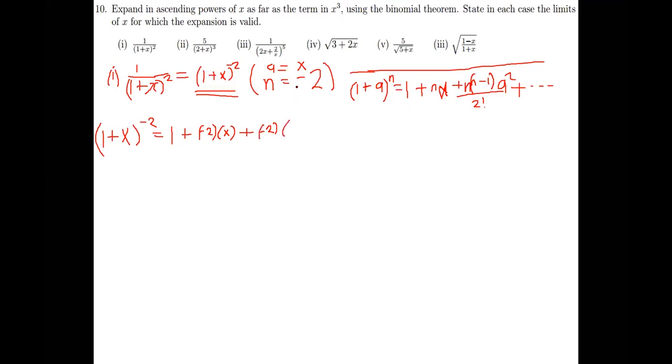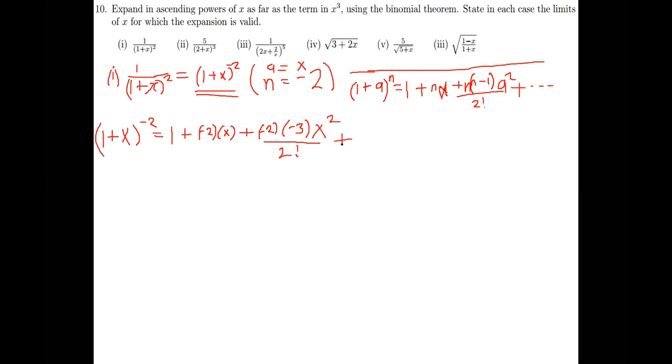In the expression here, there is n minus 1. So n minus 1 is just the same as negative 2 minus 1, which is negative 3. And then I'll put my x there. And then my x is squared. Then everything divided by 2 factorial.